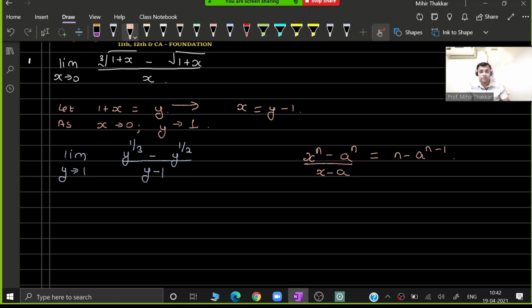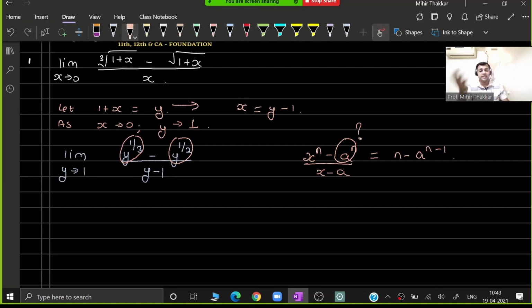Over here, the problem is that the power in both the terms is completely different, as well as this a raised to n element is completely missing in this particular sum.